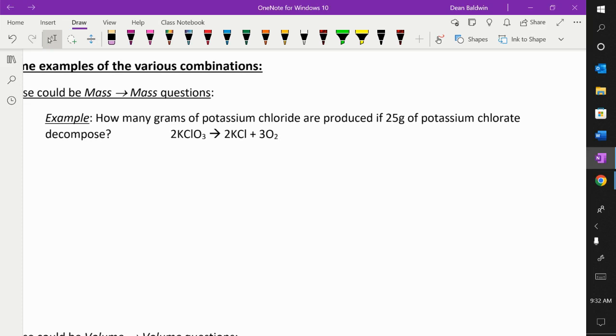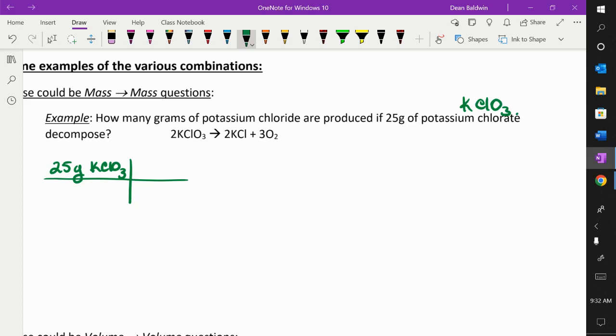We're given 25 grams of potassium chlorate, which is KClO3. Oh, step one's already done for us, right? Because we have the balanced equation. So we don't have to do that.